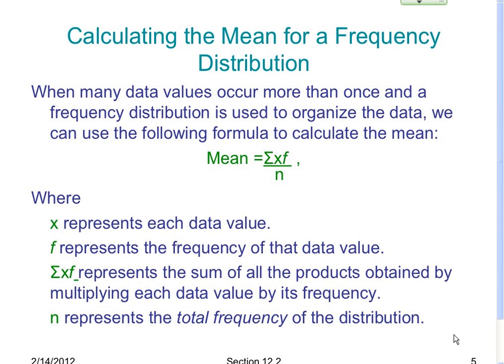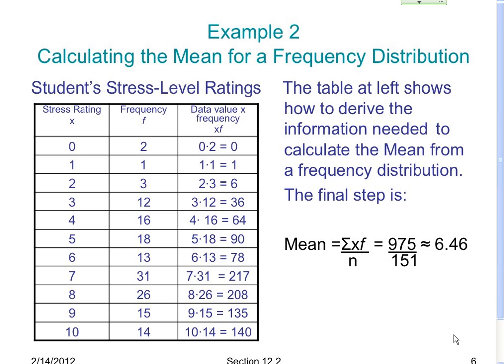A lot of students get this wrong, not because they don't know how, but because they don't think about what they're doing. So, for example, we have student stress level ratings. This is the stress rating, and this is how often it occurs. What a frequency table does is make it so that you don't have to write out 2 zeros.